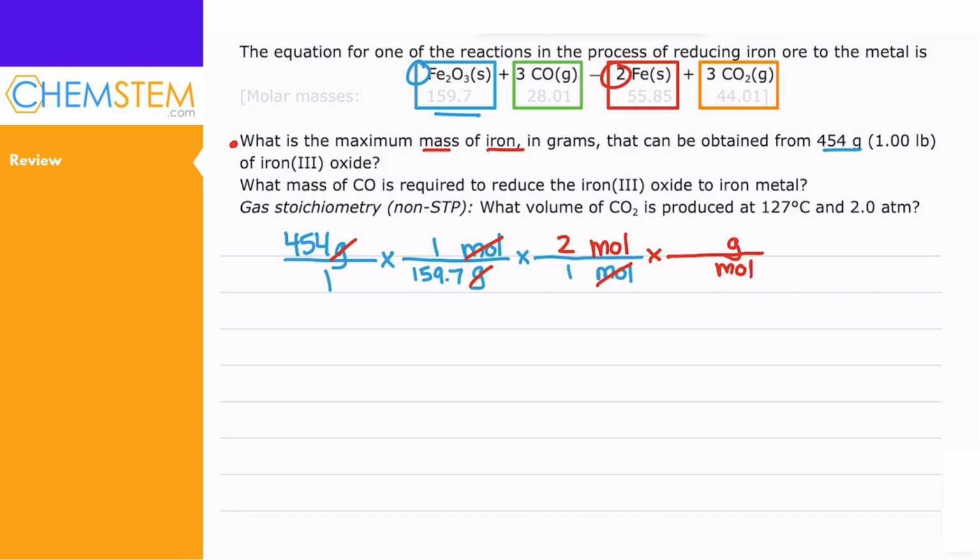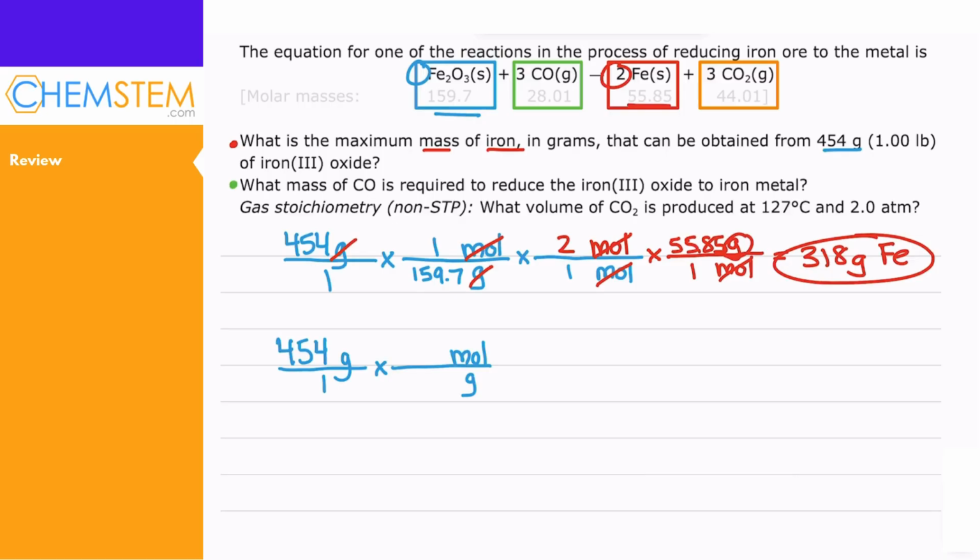For pure iron, that molar mass is 55.85. So moles cancels, grams does not. And we're going to get about 318 grams of pure iron, which is what's possible to obtain from 454 grams of the iron(III) oxide ore.